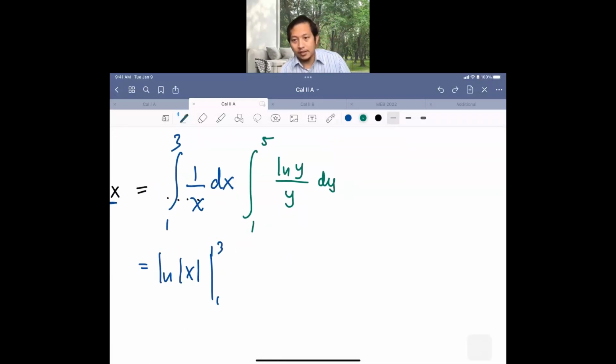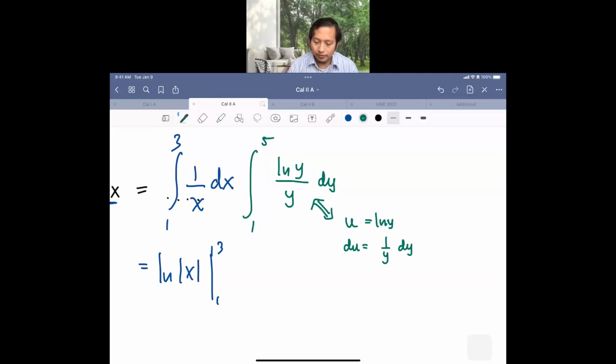To solve this, you need to remember some of the techniques in calculus 1, so you need a bit more review of calculus 1. We can use u substitution with u equals ln y, because du will be 1 over y dy, so we can substitute dy with y du.